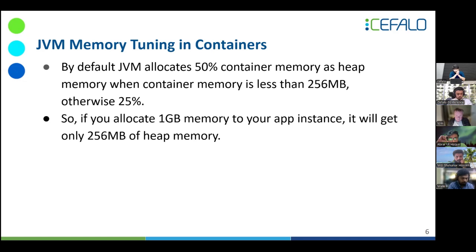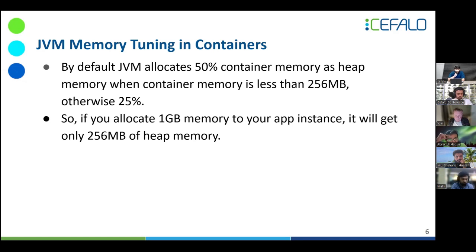And if it is more than 256 megabytes, we use only 25%. That basically means if we allocate 1 gigabyte of memory to our app instance, it will only get 256 megabytes of heap memory. This is quite important to understand because maybe we need more heap memory and we're just increasing from 1 to 2 gigabytes.